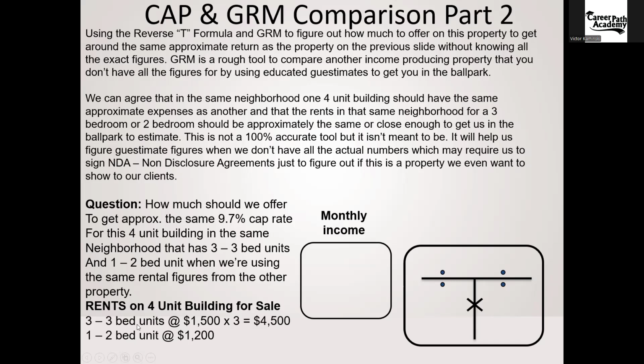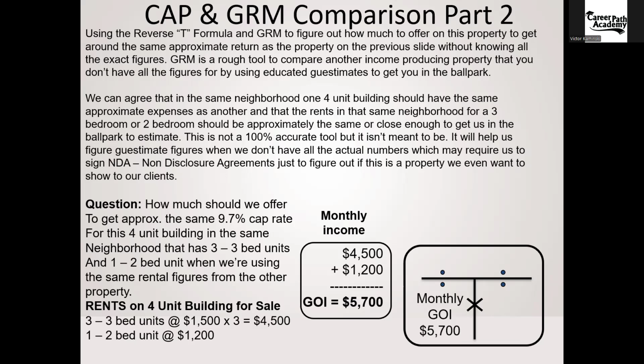So we're going to use those going market rents at the time used in this example of a 3-bedroom renting for $1,500 times 3, that's $4,500, and 1 2-bedroom unit at $1,200. We add them up and we get the gross operating monthly income of $5,700 a month.